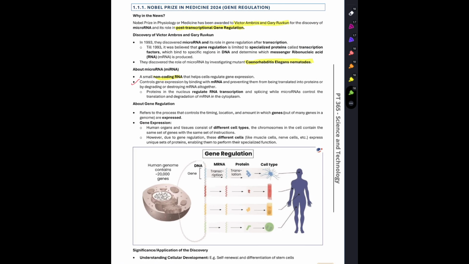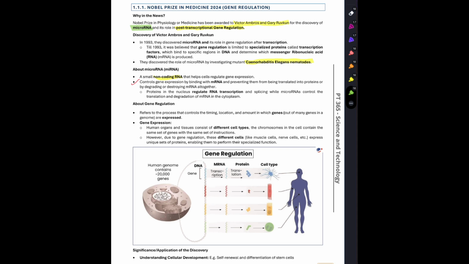The next article is about the Nobel Prize in Medicine for 2024 on gene regulation. The Nobel Prize in Physiology or Medicine has been awarded to Victor Ambros and Gary Ruvkun for the discovery of microRNA and its role in post-transcriptional gene regulation.